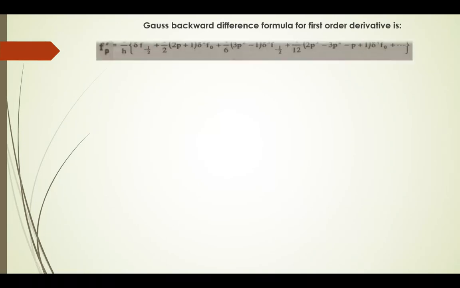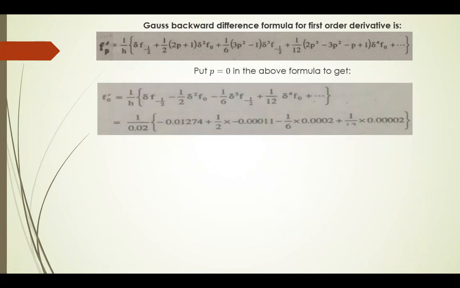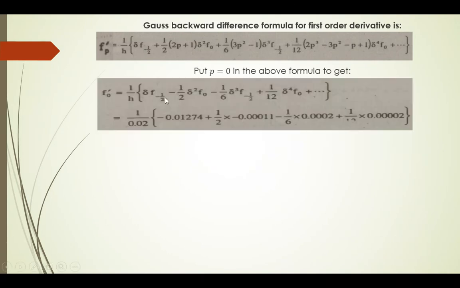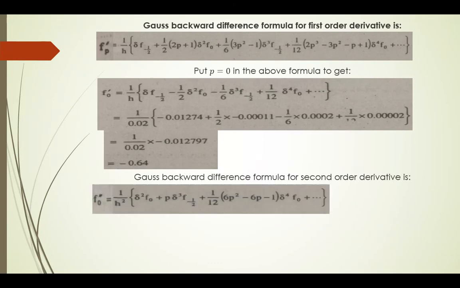So Gauss backward formula for first order derivative is this one. Replacing p by 0 in the above formula to get the simple form, which is this one, and replacing sigma f minus 1 by 2, sigma square f naught, sigma cube f minus 1 by 2, sigma 4 f naught, and calculate to get the answer. The last one is Gauss backward difference formula for second order derivative, which is this one.